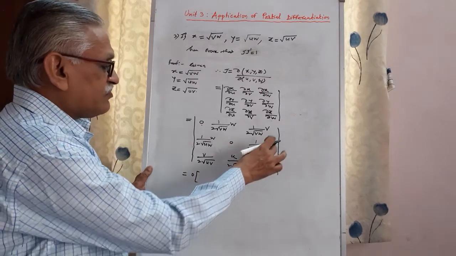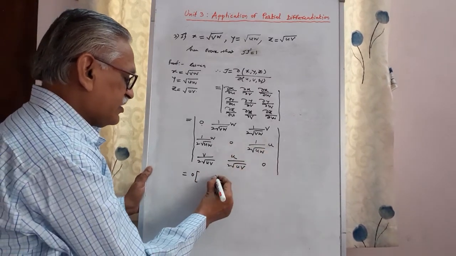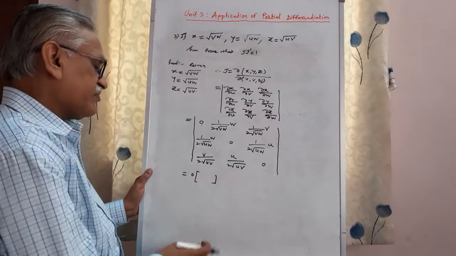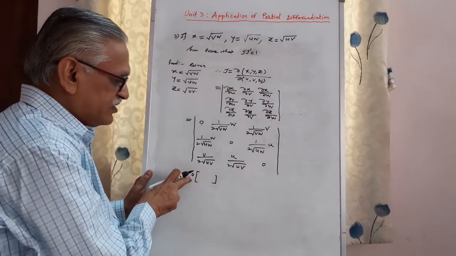And then simplifying it, finding the value of this, 0 into this product minus this product, 0 into anything we get 0. I am not writing this term here, as it is multiplied by 0 we get 0.